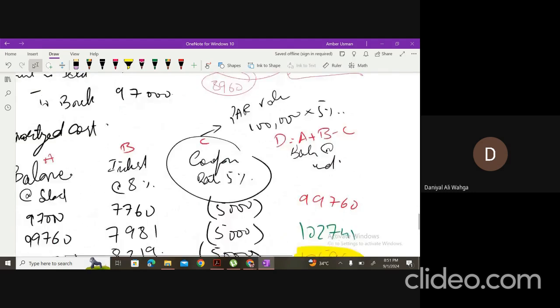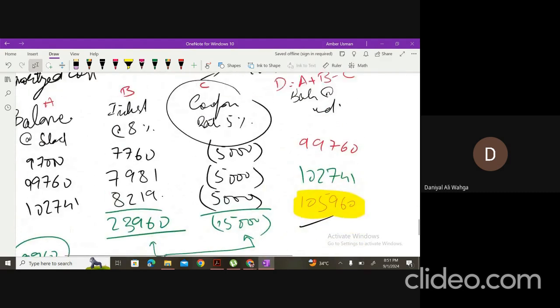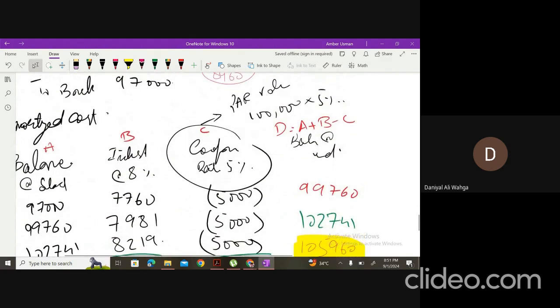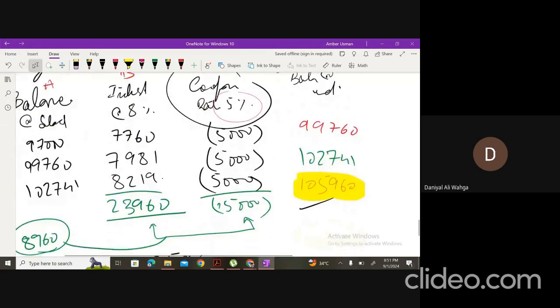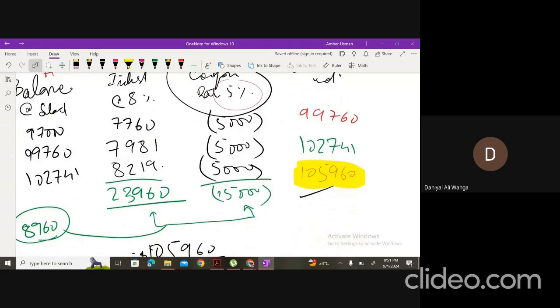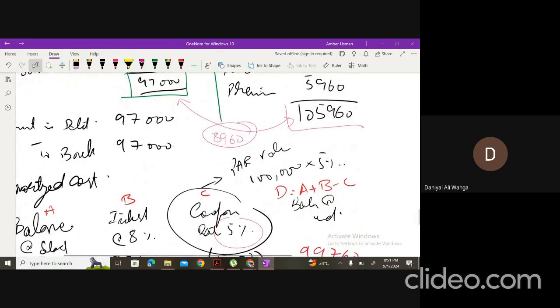This is how the gain is amortized over the period. That's why the effective rate of interest was greater than the coupon rate. This rate covers the discount at the issue of the bond, and it also covers the premium on the redemption of the bond.